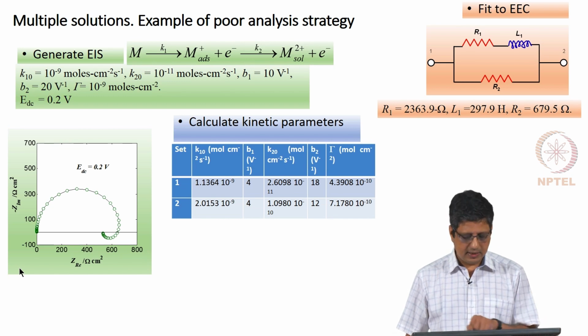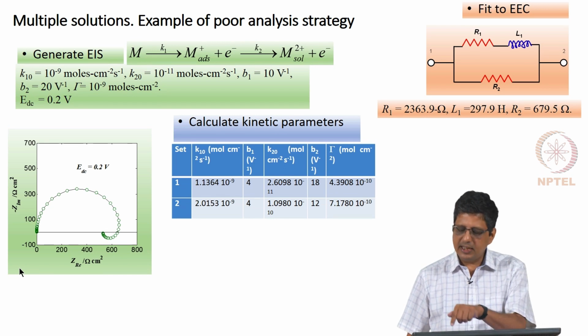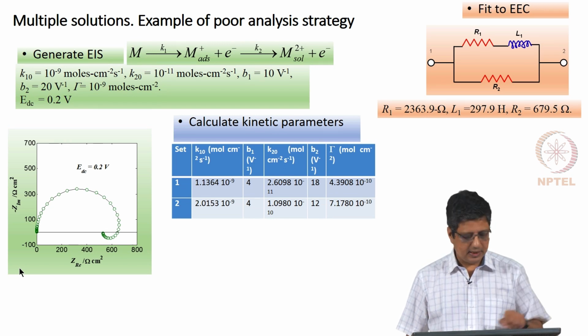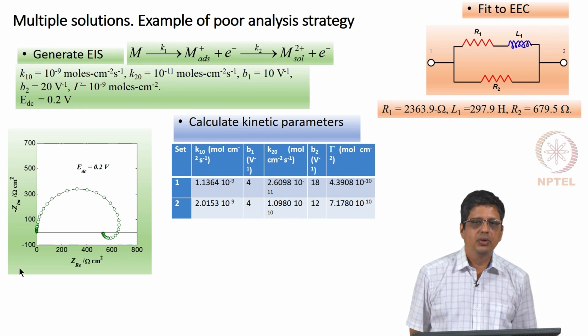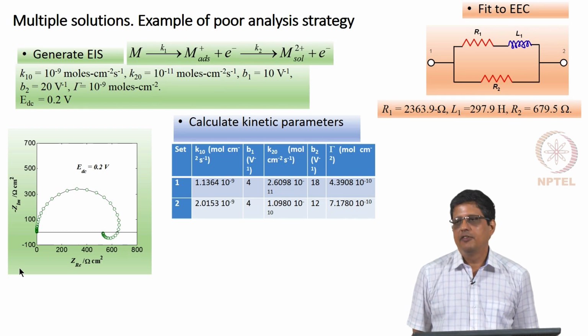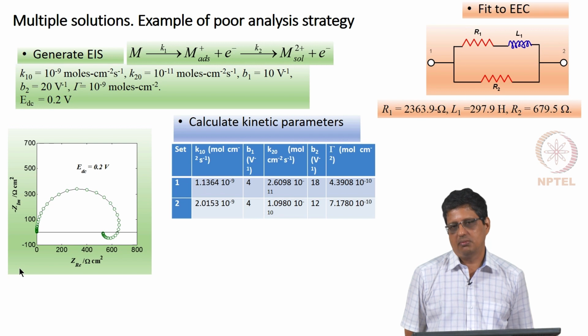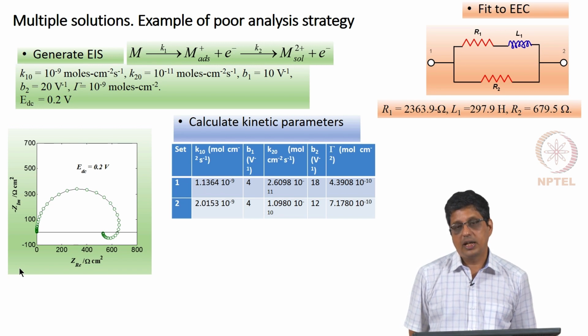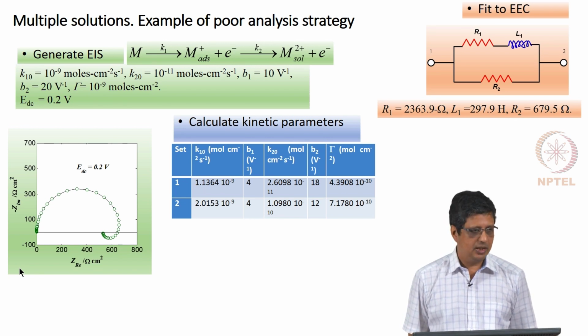All of these combinations, first set, second set, all of them will give rise to the same resistance, inductance and resistance, because I am mapping 5 parameters to 3 elements. So, there are multiple combinations which are possible, which will give rise to the same set of elements.